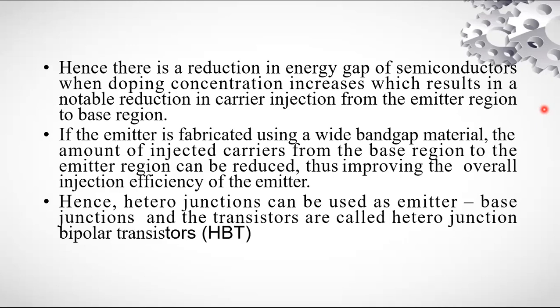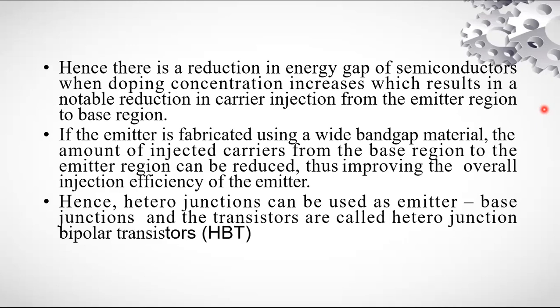So it is seen that there is around 14% band gap reduction when the doping level reaches 10 raised to 20 per centimeter cube. So in order to get a high value of beta, what we are doing is we are doping the emitter high. So when we dope the emitter section higher compared to base, the energy gap of semiconductor decreases and there will be a reduction in carrier injection.